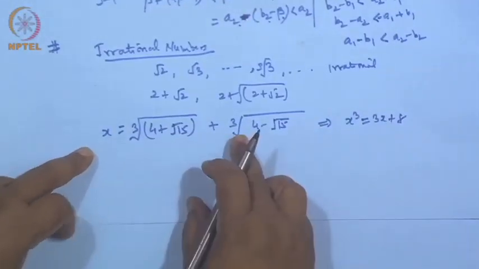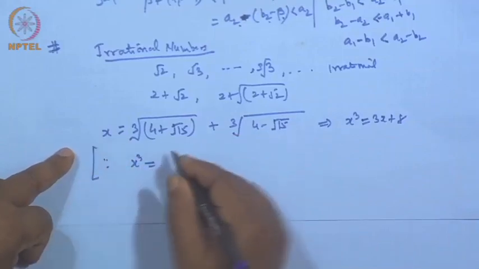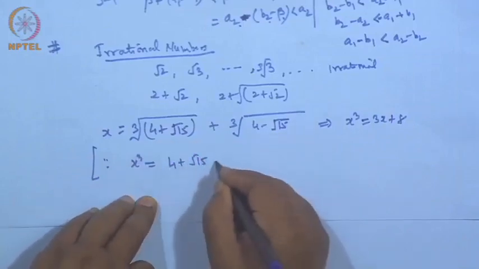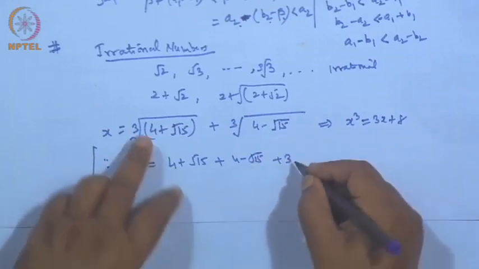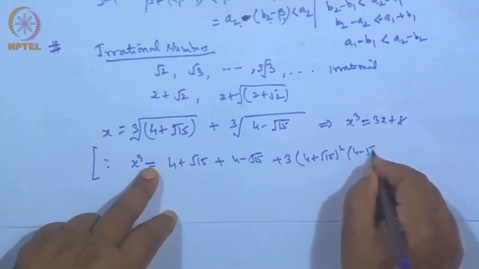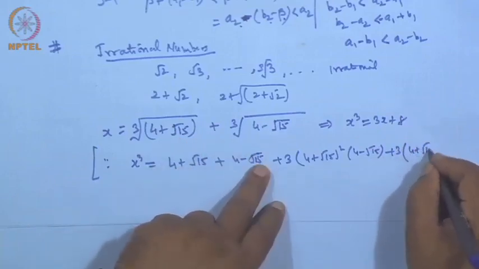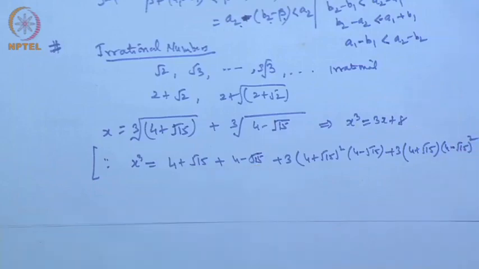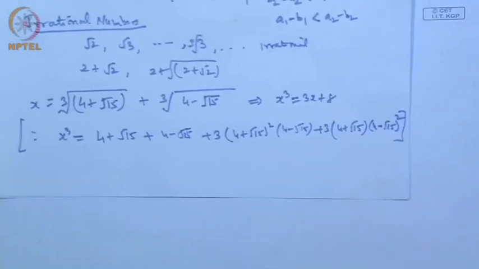Because x cube means (a plus b) whole cube, which is a cube plus b cube plus 3 times a square into b plus 3 times a into b square. This is the expression for this x cube.